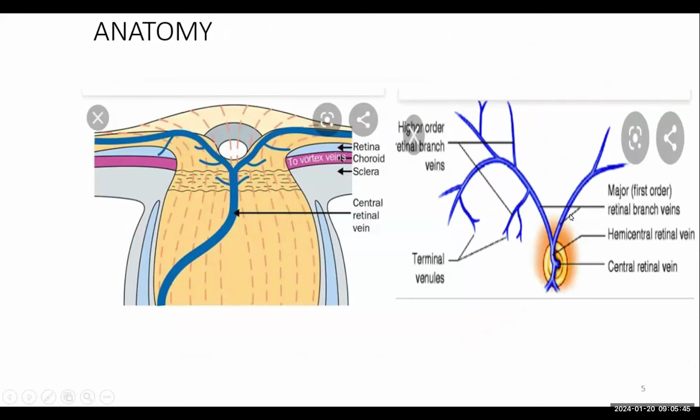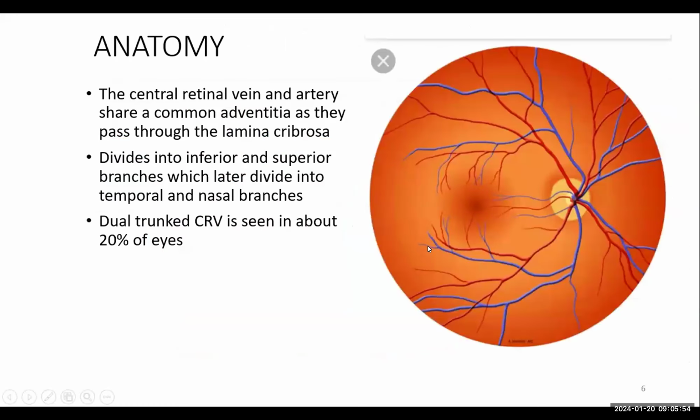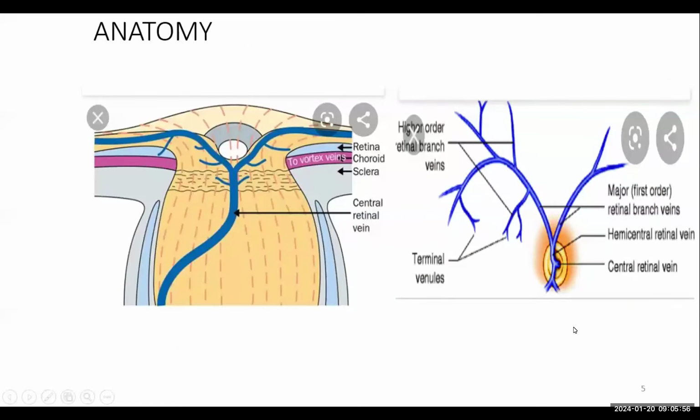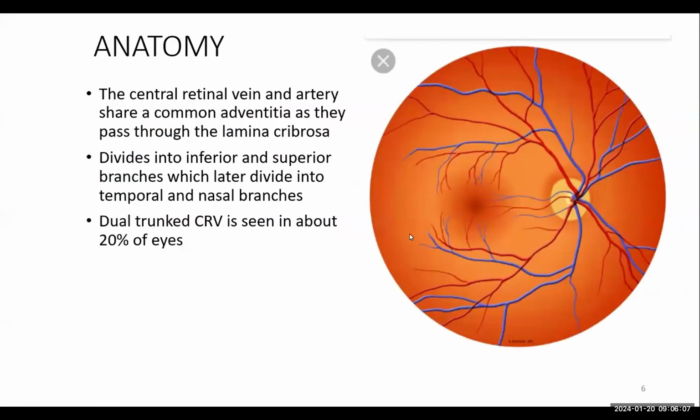Each hemiretinal vein is then divided: the superior into superior-temporal and superior-nasal, and the same thing happens to the inferior hemiretinal vein, which divides into inferior-nasal and inferior-temporal. After it comes out from the optic nerve, it distributes to different parts of the retina.